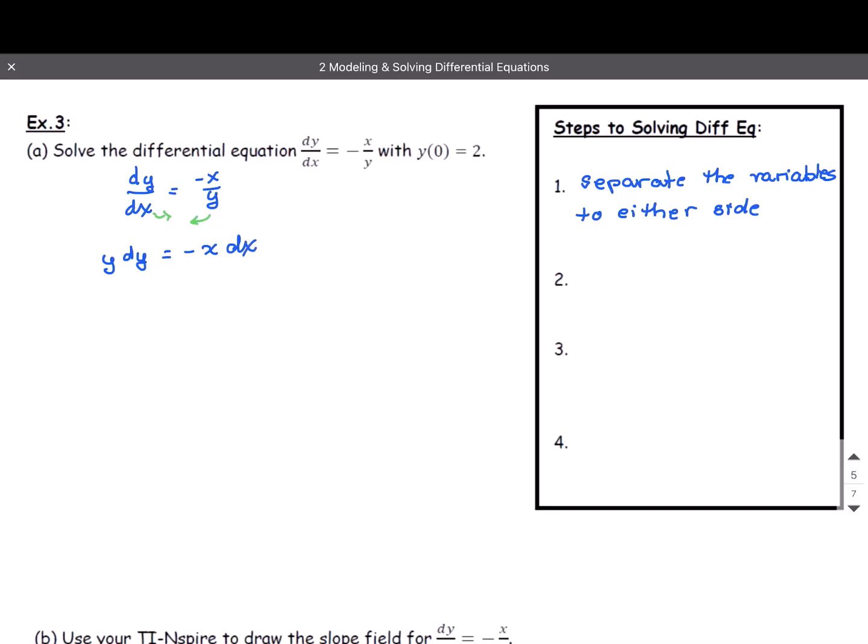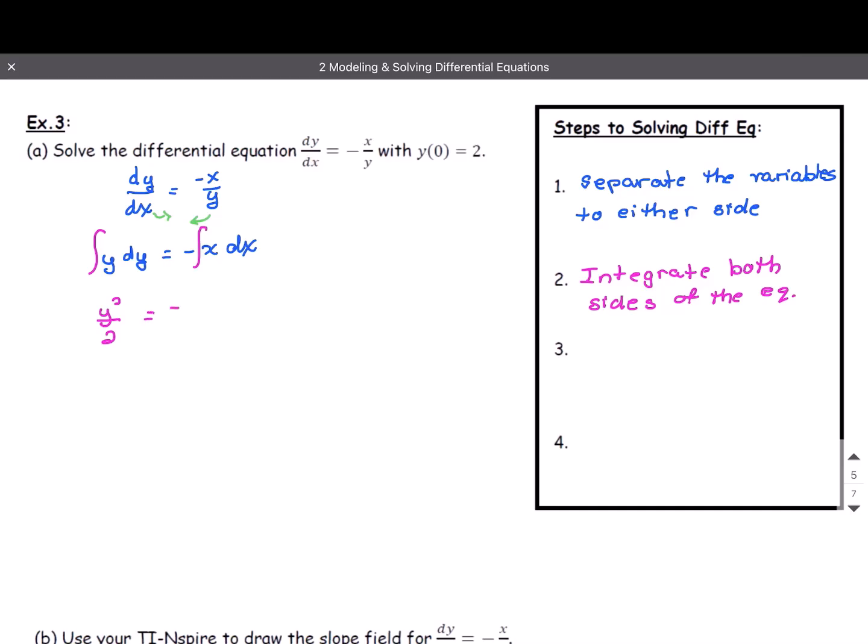Next step, we are going to integrate both sides. Okay, so I can integrate one side as long as I integrate the other side. All right, now the antiderivative of y is y squared over 2. Now I know there's a constant, but hold that thought for a second.